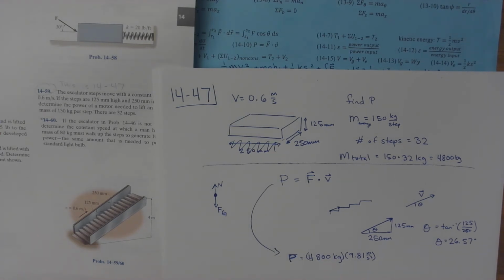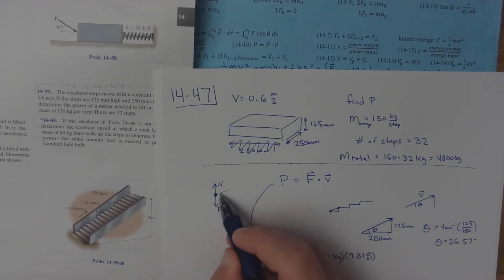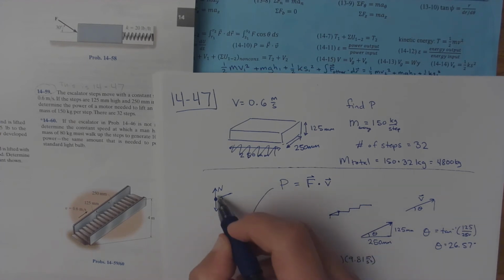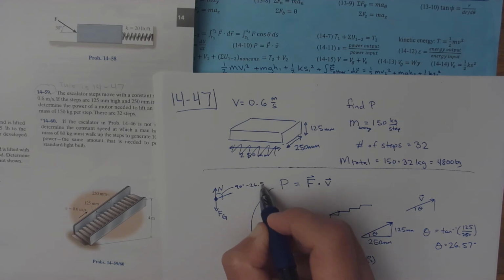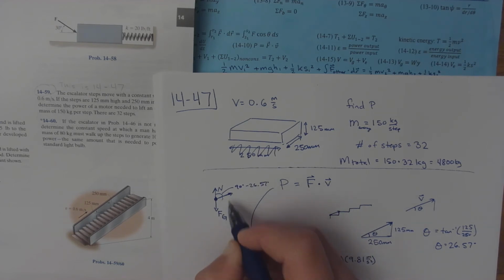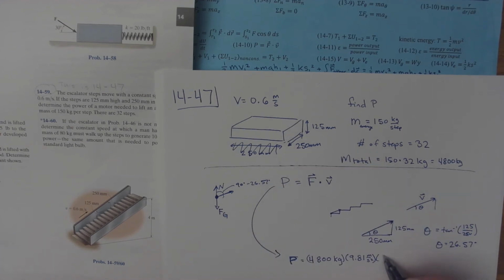So how was I going to do this? I could say the y component of the velocity is v times sine theta. I guess that's what I want to do, because otherwise the other thing that I could do is say if this angle is equal to 26.57, this angle would be equal to 90 degrees minus 26.57 degrees, and then I could do the force and the velocity of 0.6 meters per second.